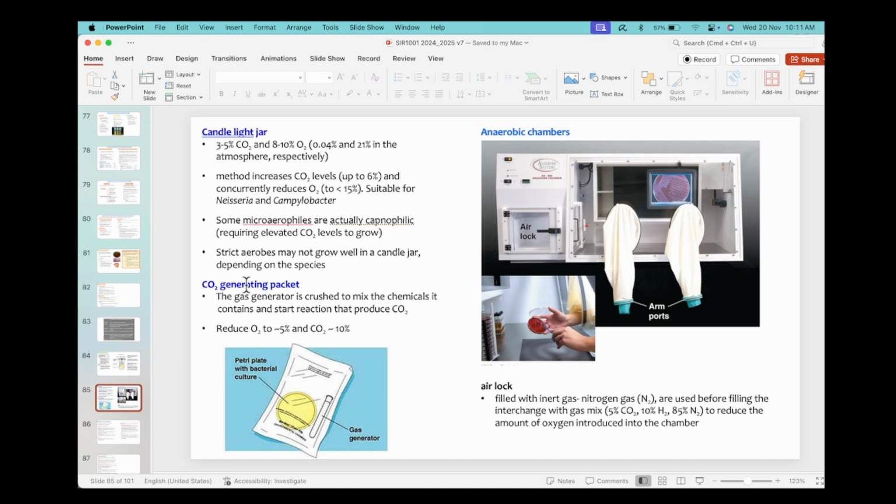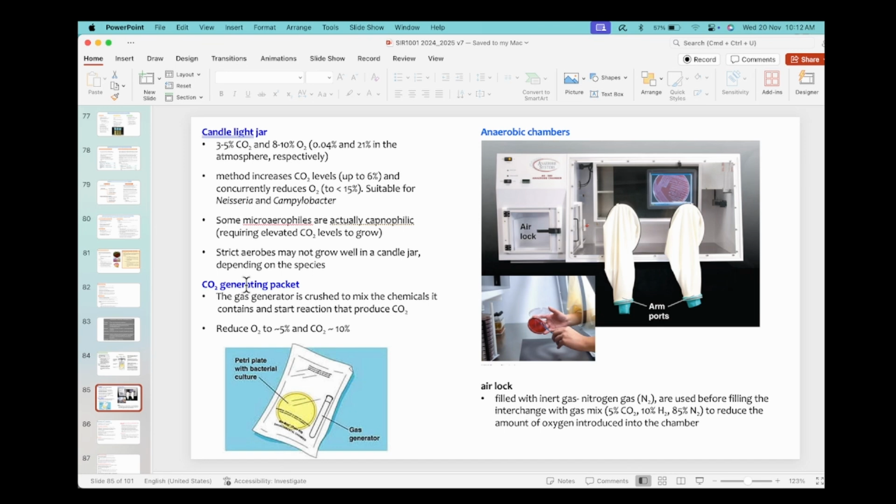But take note that the amount of CO2 it can produce is about 3 to 5%. Atmospheric CO2 is actually about 0.04% now, not 0.3%. So 3% is higher than usual, but it is still not adequate for certain capnophiles.